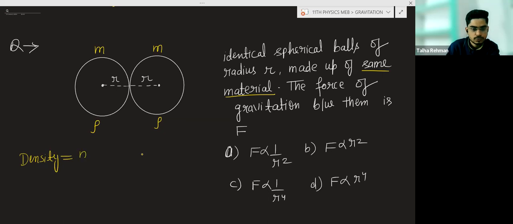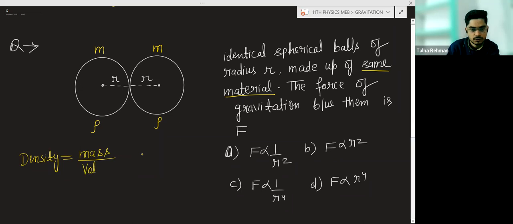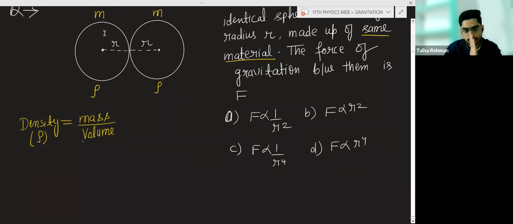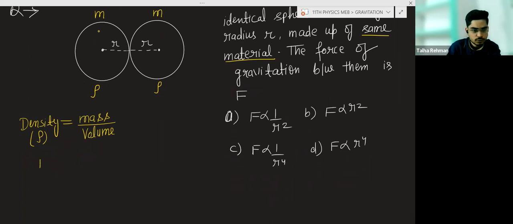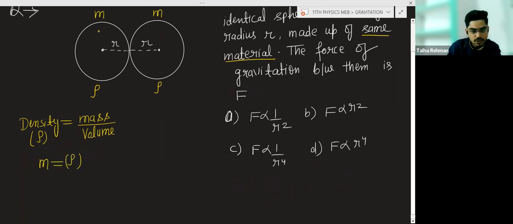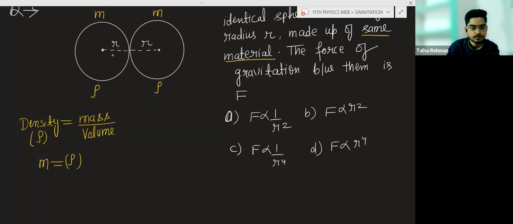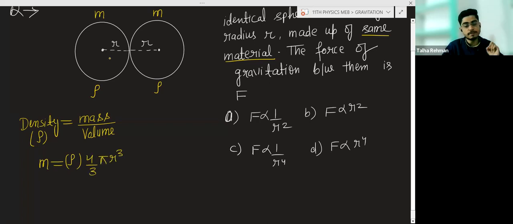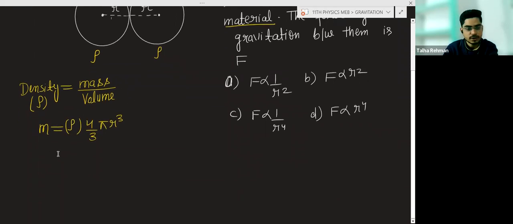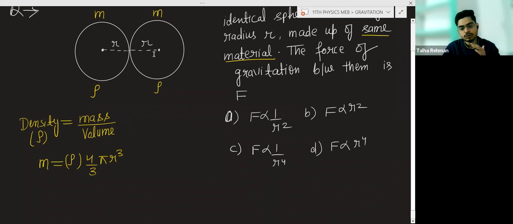So from here mass can be written as density into volume. So we will calculate the mass m. Mass m is density times the volume. What will be the volume of this sphere? 4 by 3 pi r cube. Now you can see mass is depending upon the radius. So the proportionality will change here. This is m, this is also m, so both masses will be the same.